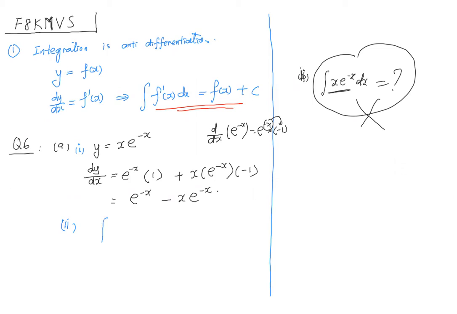So I will go to here. Do I know this is some sort of your f'(x), right? So do I know my f(x)? Yeah, this is your f(x). So I can know the answer for the integral of x e^(-x). Done. And we have to know that when there is a plus and minus, we can split.